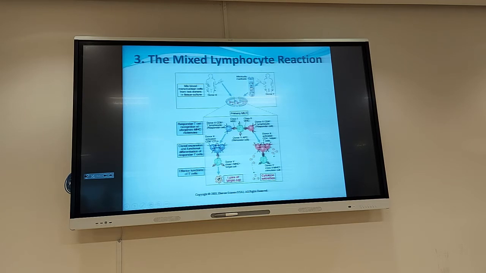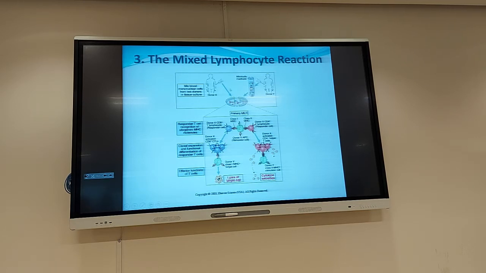So when you mix the non-irradiated donor cells with the irradiated recipient cells, if they are unrelated, if there's no match, the donor's CD4 and CD8 cells will attack the recipient's stationary cells, either in the form of cytokine production, which you can measure, or direct killing from the donor CD8 cells onto the recipient's cells, such that you will see increased cell death.